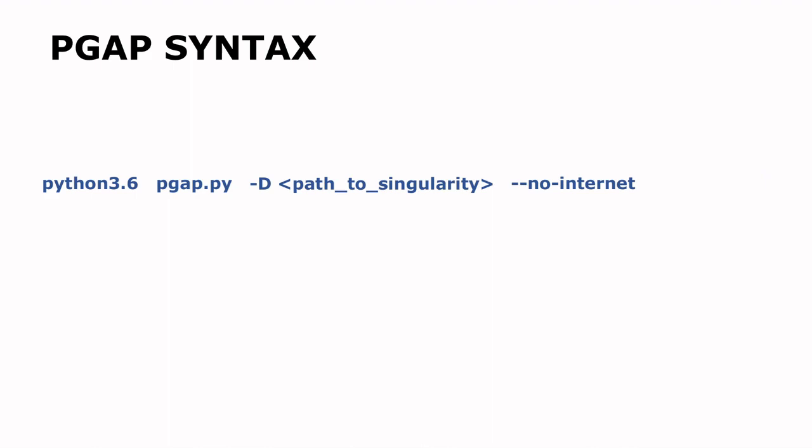So no internet makes it faster because PGAP doesn't check online for updates on its database before doing the annotation. So for example, as we've already done our downloads of the PGAP database now, there's really no need to search online again for updates because this is the current updates we have. So that is why no internet is given. It also makes it faster, as I said.